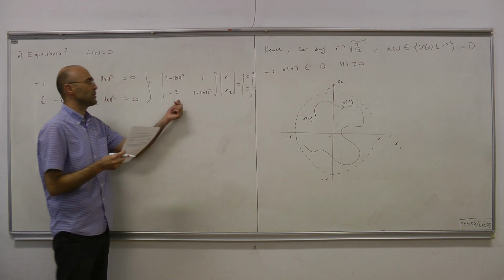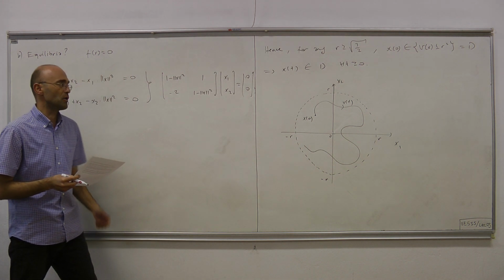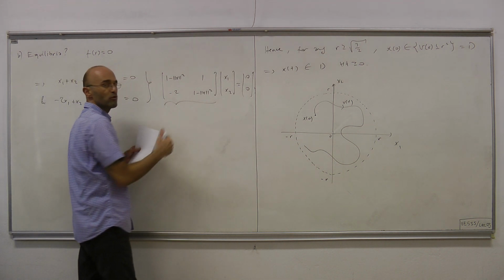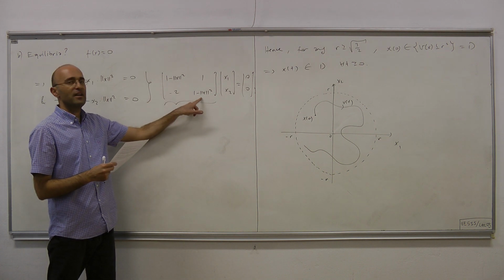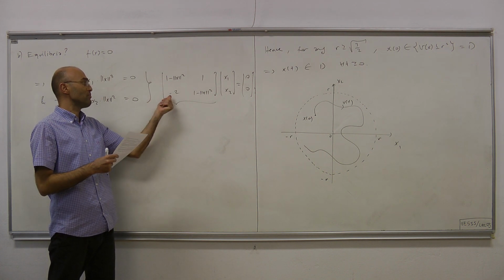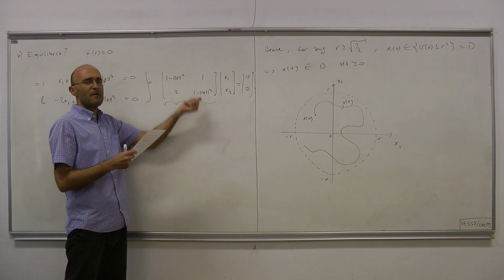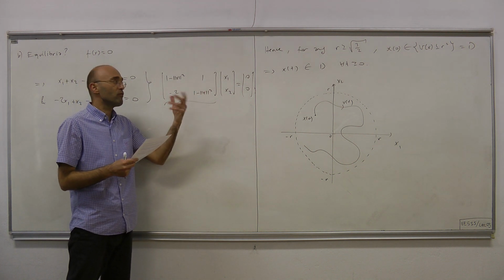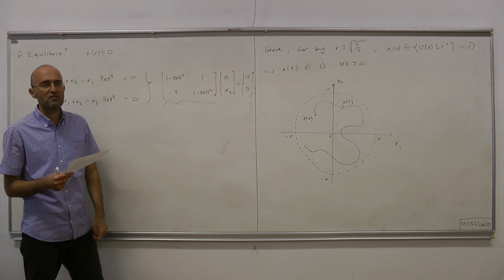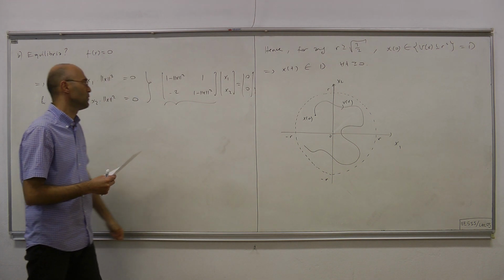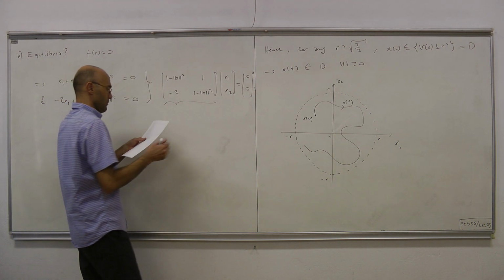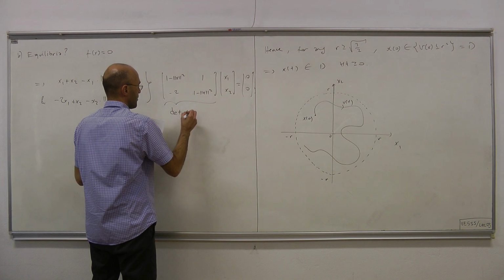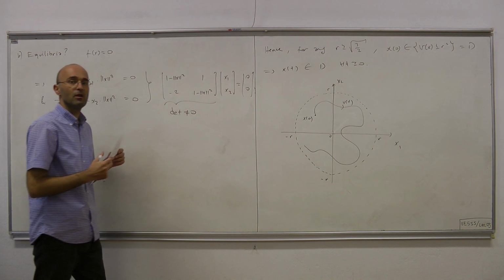Here we have a matrix times a vector that equals 0. If you compute the determinant of this matrix, it is a square plus 2, therefore something non-negative plus 2, so the determinant is always positive. In fact, it's always greater than or equal to 2. That means this matrix is always invertible.